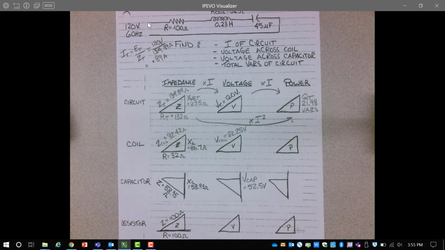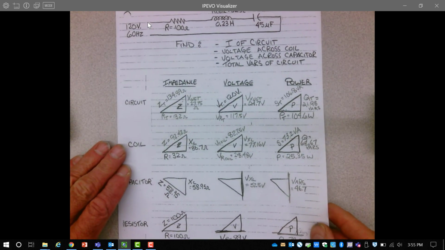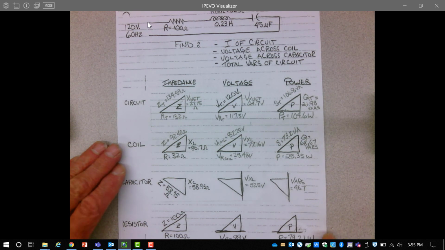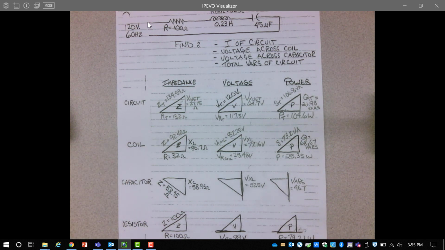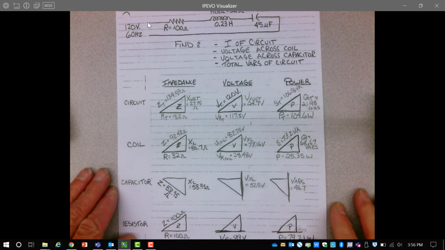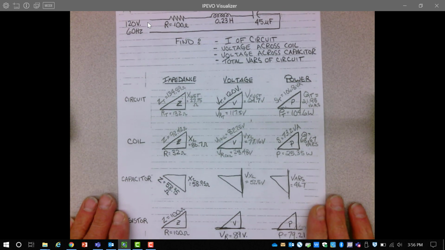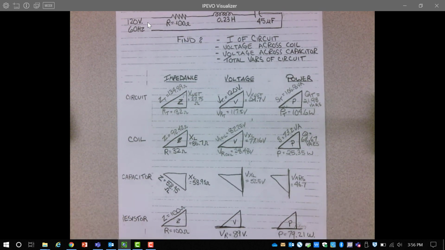And the last thing I'll show you is a picture of the circuit with all values solved for, so you can look at any value you may have found in this circuit and see if it agrees with what you found. So here's a picture of the entire circuit with all values shown on it. That's it for now.